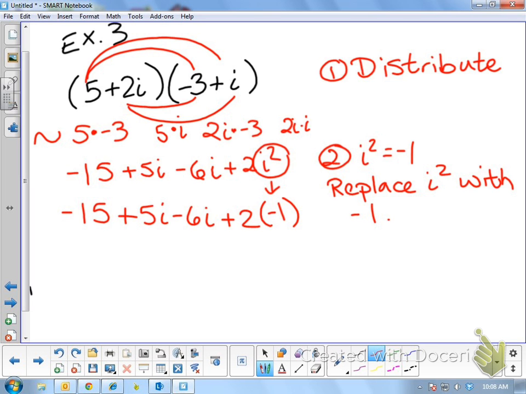So most of that problem didn't change. We can do some combining in a minute, but first we wanted to get rid of that i squared. Anytime we see i squared now, we should get rid of it and replace it with negative 1. So now I just have to simplify this and combine my like terms.